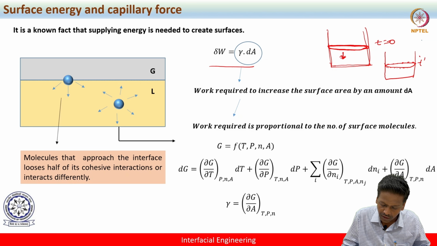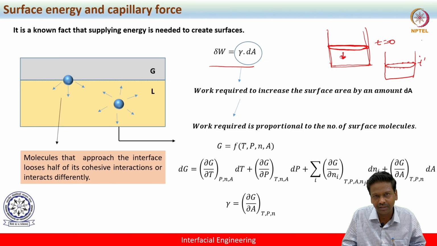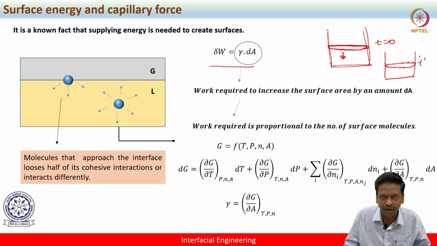So now we know that some work is being done by the system in this case. Now we can relate this work with the surface tension. If I apply an equal amount of work, then I can bring this wire back to its original position. That means the work done in this case is nothing but gamma into dA, correct?